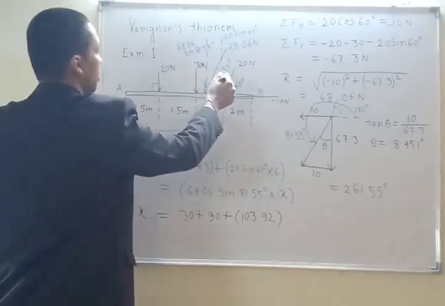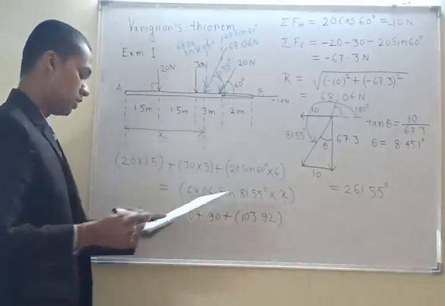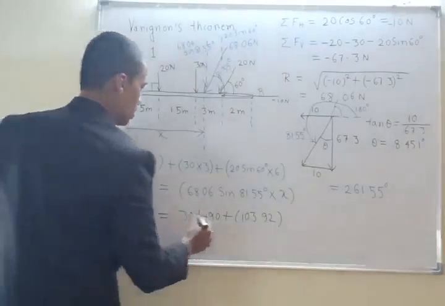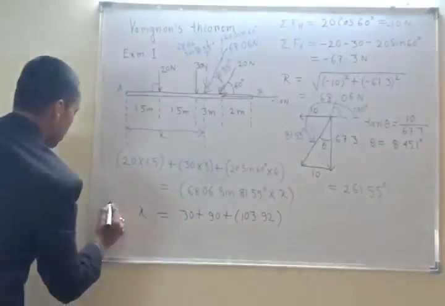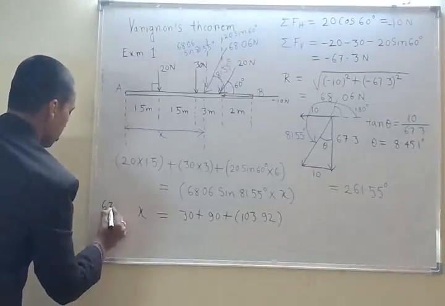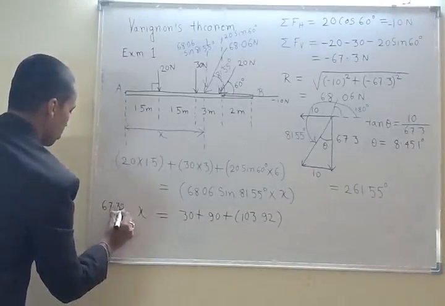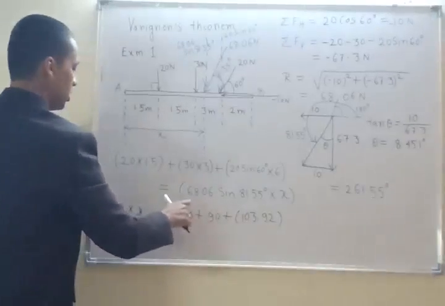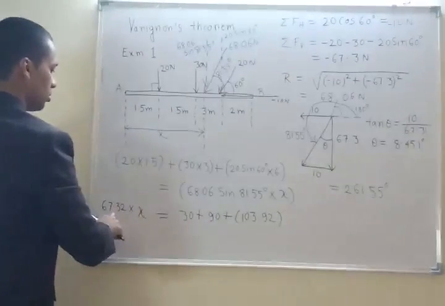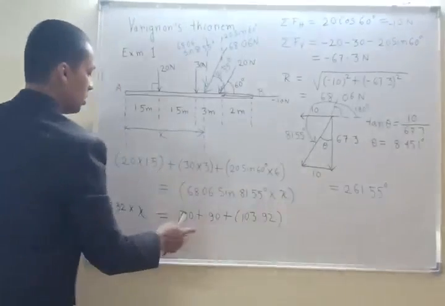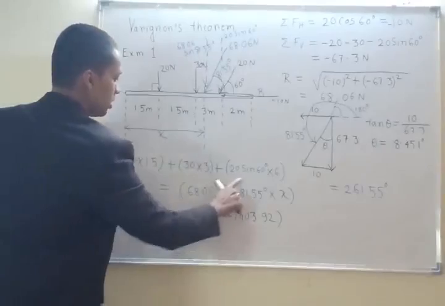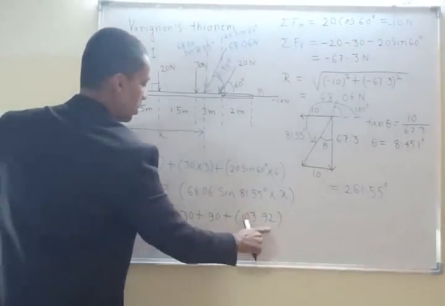sine 81.55 as 67.32. So I am writing it: 67.32 multiplied by this. So this part is here, 67.32 into x equal to 20, that is 30, this part is 90, this part is 103.92.